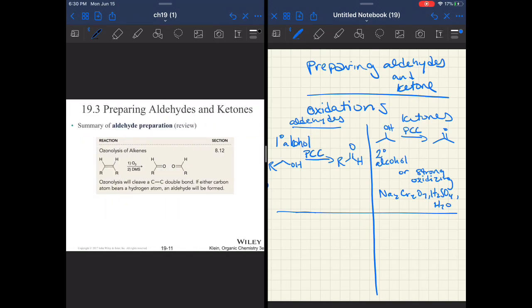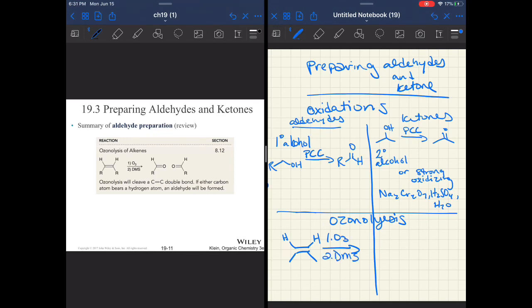We also have ozonolysis. So if you want to make an aldehyde in ozonolysis, what you need are hydrogens, right? So if you are trying to make aldehydes this way and decrease the length of a carbon chain, you need to have at least one hydrogen, right? So you are going to take, in the first step, O3, in the second step, a reducing agent.